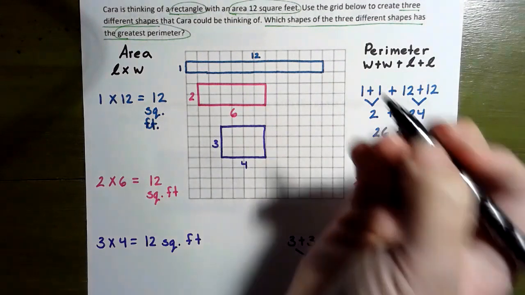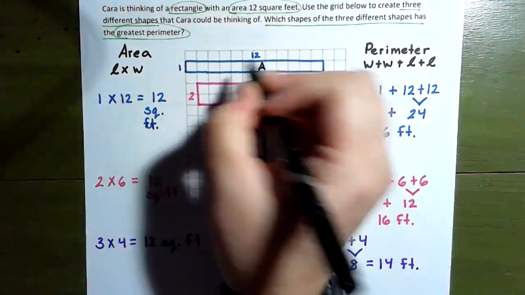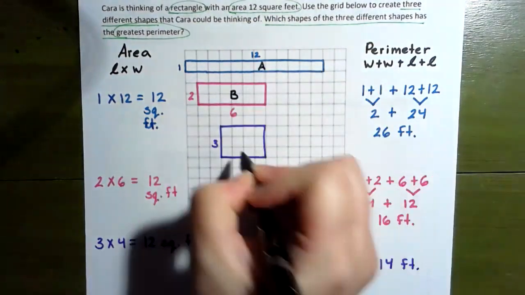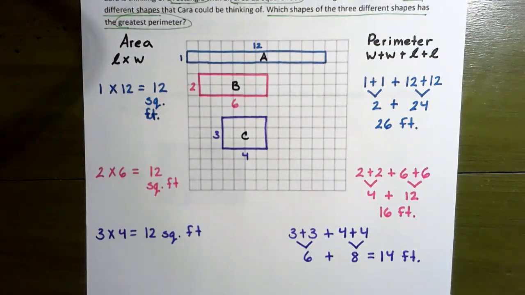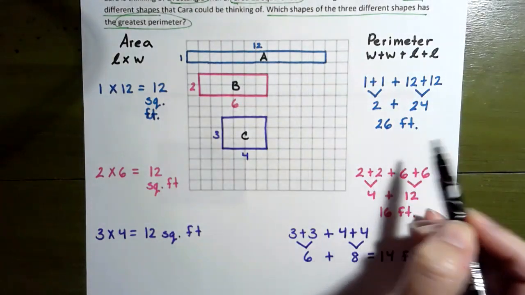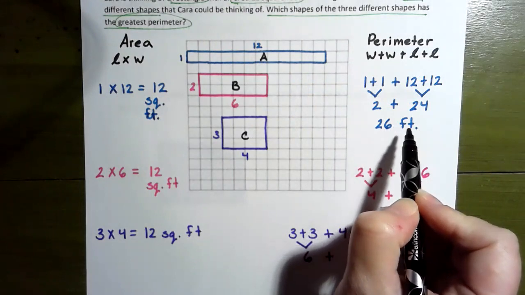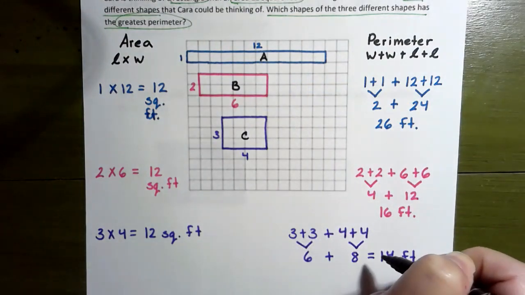We can say that this first one is rectangle A, and this one is rectangle B, and this one is rectangle C. So which one has the greatest perimeter? Say it out loud. Great job. That's right. Rectangle A has the greatest perimeter because 26 feet is greater than 16 feet and greater than 14 feet.